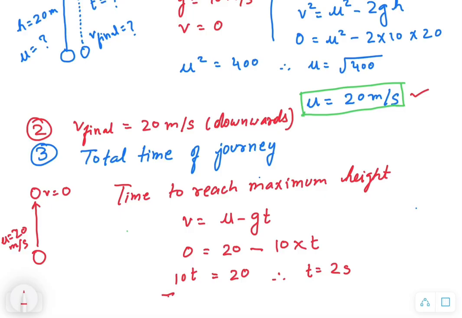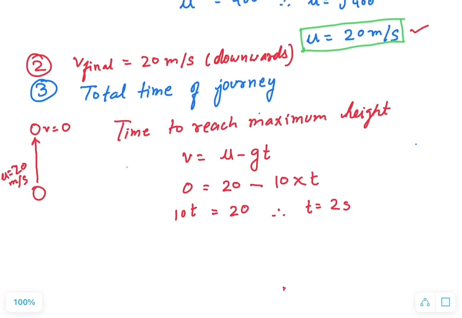So total time would be equal to 2 multiplied by 2. So it would be 4 seconds.